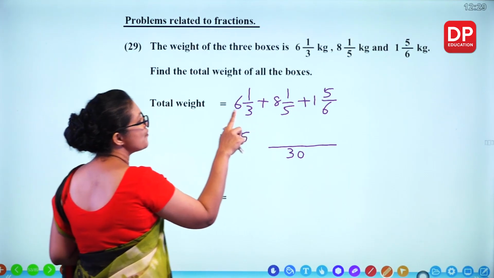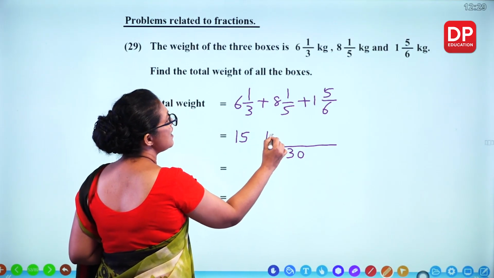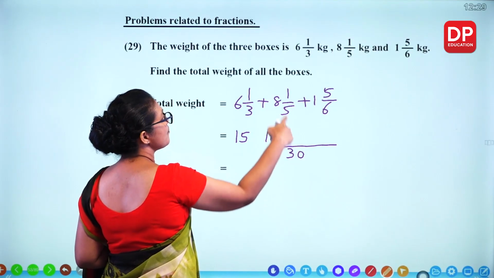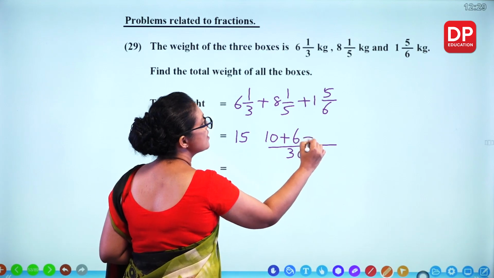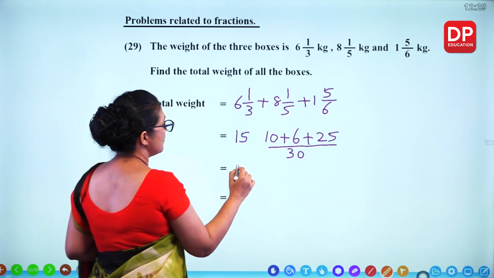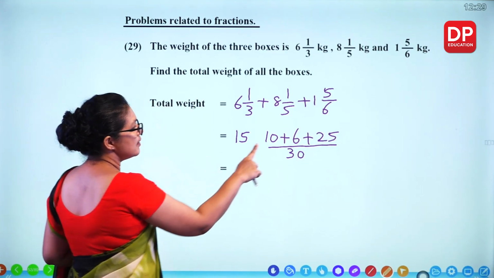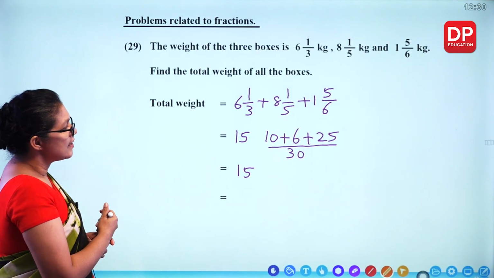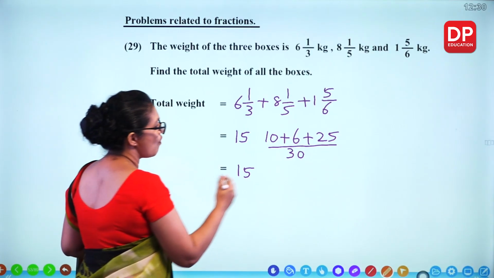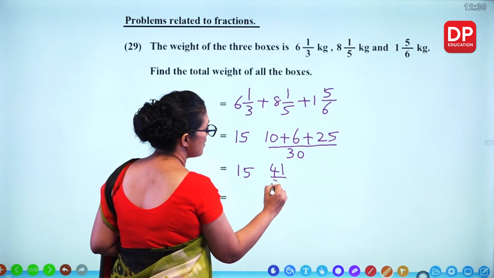So 30 is the lowest common multiple. Now find the equivalent fractions. You get 10, 6 and 25. 25 plus 10 is 35. 35 plus 6 is 41.